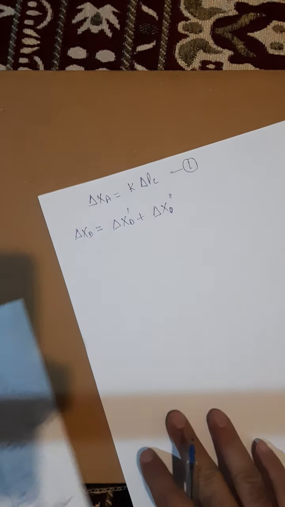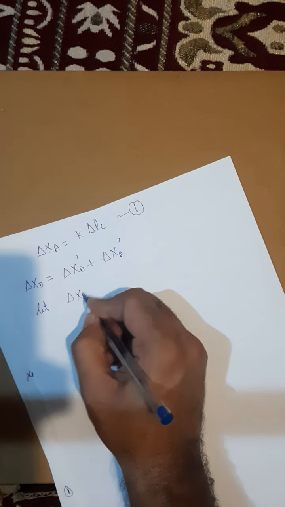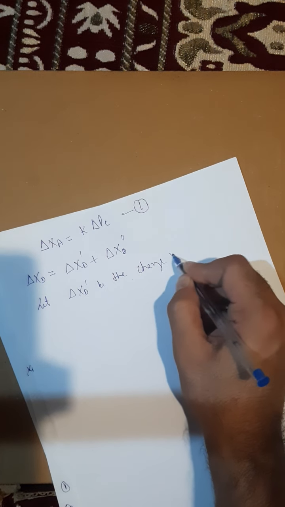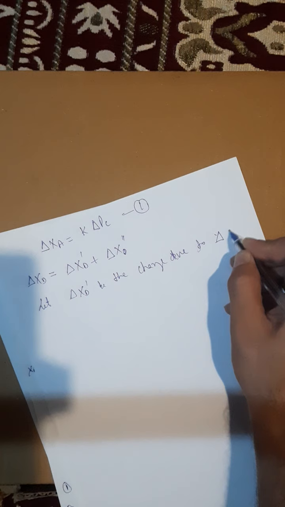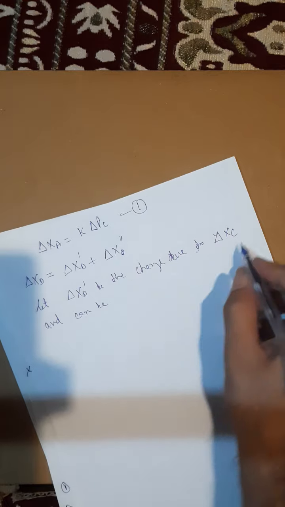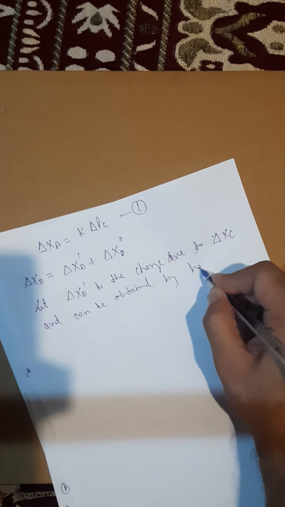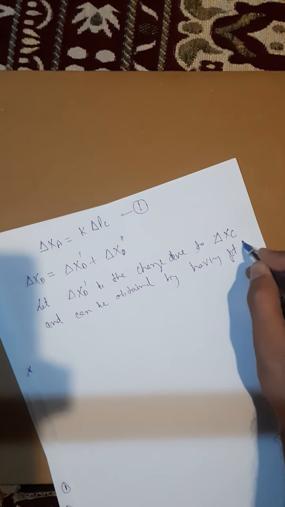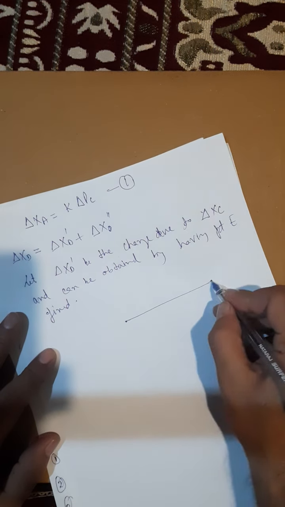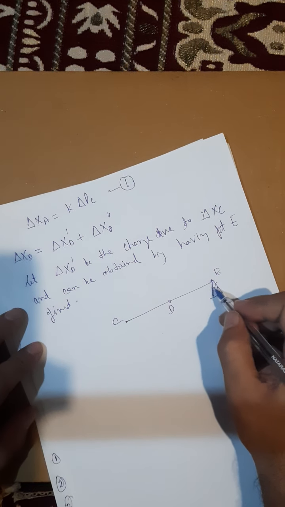Now next, let delta xD dash be the change due to delta xC, and this delta xD dash can be obtained by keeping point E fixed. This is C, this is D, this is E. I am keeping point E fixed.